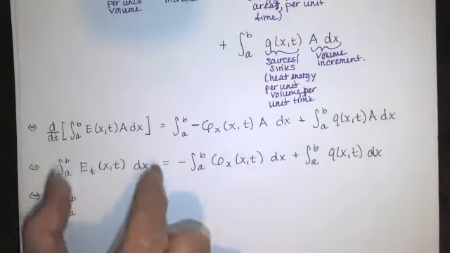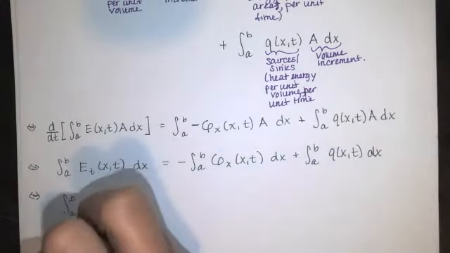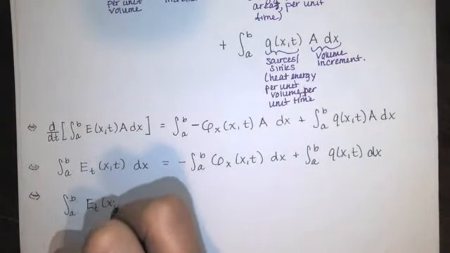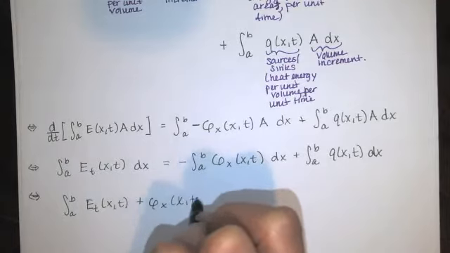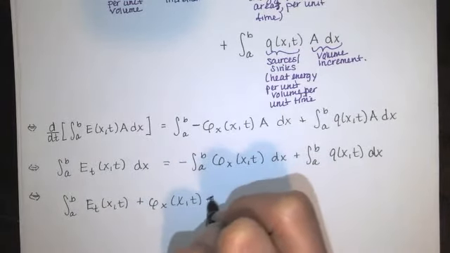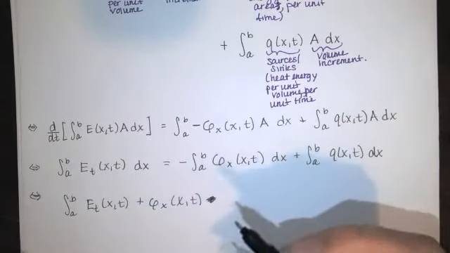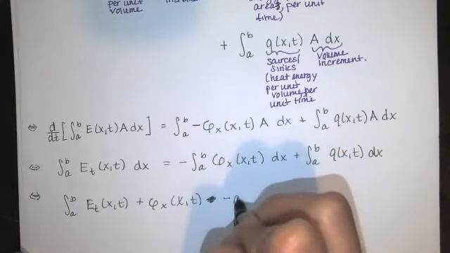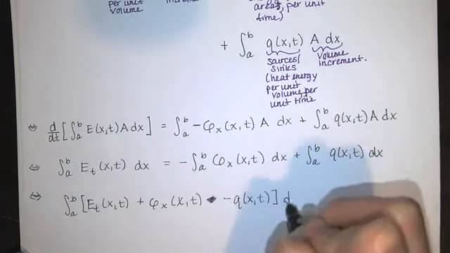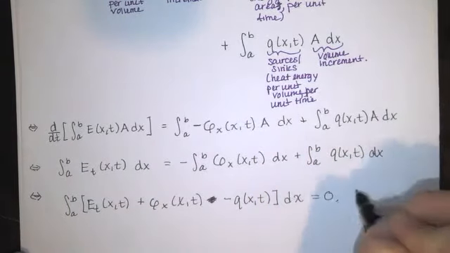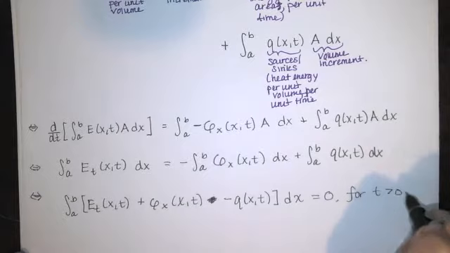If I add this to both sides and subtract this from both sides, we'll have this. Oops, minus. And that will be true for t greater than 0.